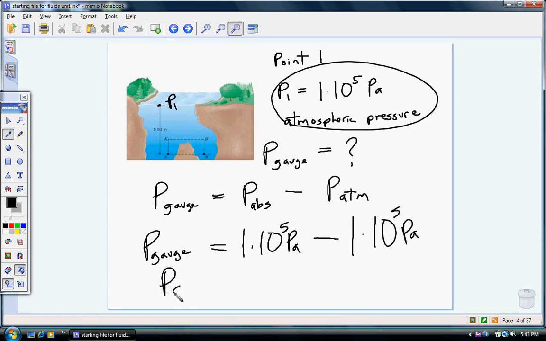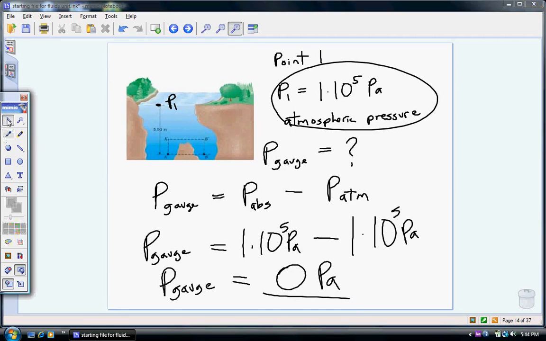So what is the gauge pressure at that top point? 0. So at this top point right here, the absolute pressure is 1 times 10 to the 5th pascals, the atmospheric pressure. But the gauge pressure, if you had a barometer, which also measures pressure, the gauge pressure would read 0 pascals.